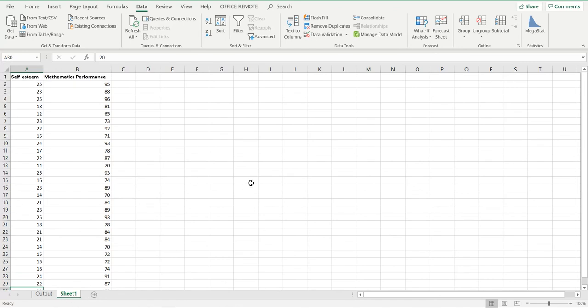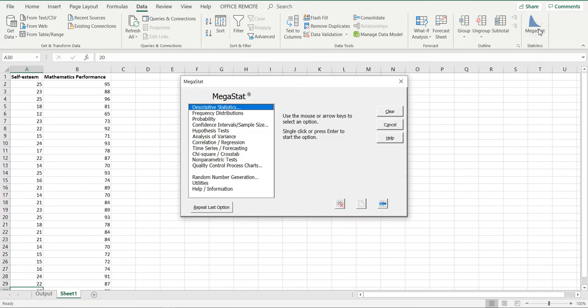Now, remember that the third research objective is we have to determine the significant relationship between the self-esteem and the mathematics performance of grade 10 students. In this case, we're going to go again to MegaStat, click MegaStat, and then we're going to use the correlation regression.